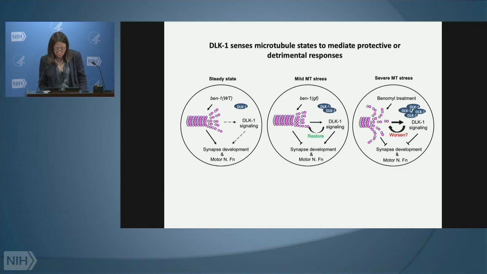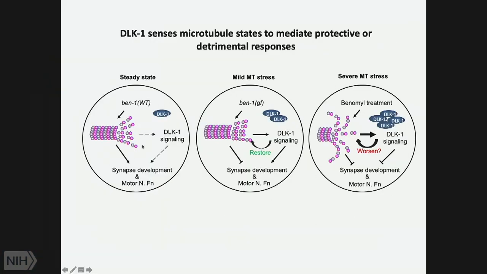is my last slide. In the steady state, DLK signaling is moderately activated, degraded, and tightly regulated by E3 ubiquitin ligase, so that the signaling is constantly under control. With the BEN1 gain of function, there are slight changes in microtubule dynamics, which upregulates DLK signaling slightly.